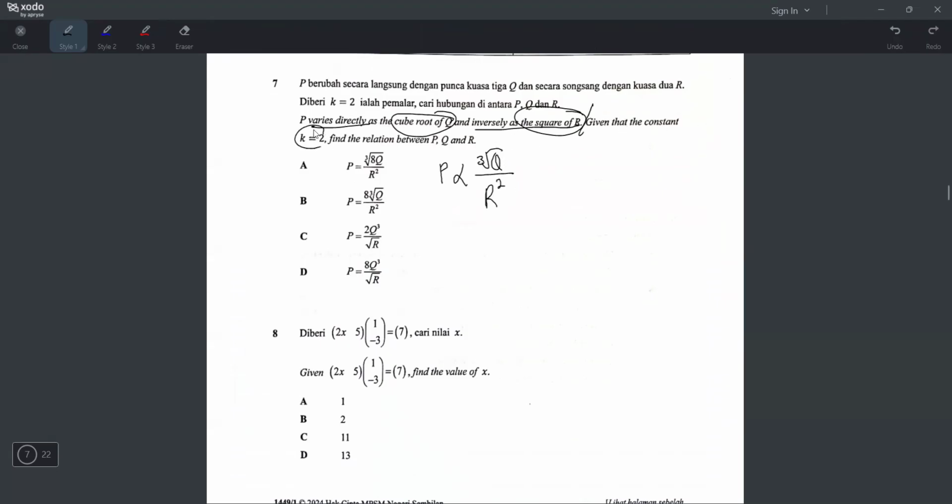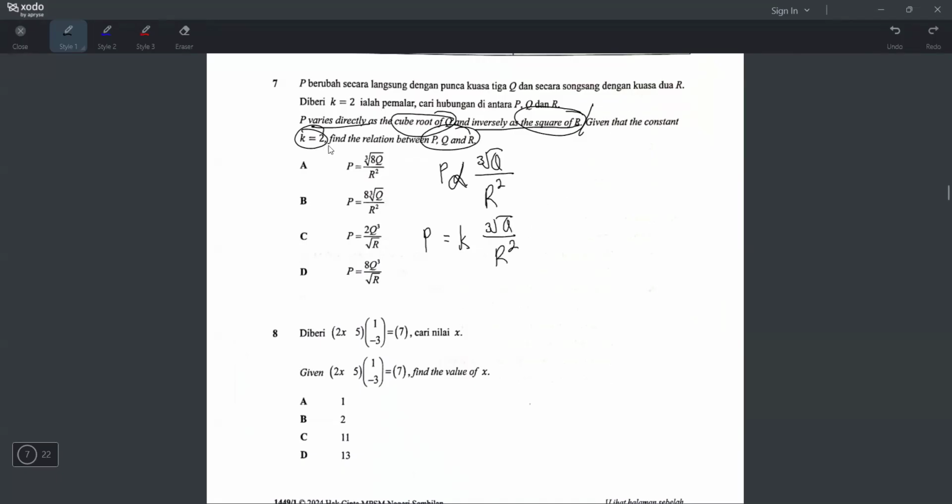Next. Given that the constant K is 2, find the relation between P, Q, R. Okay, constant K is 2. Later you will change this symbol. This is the symbol for relationship. You will change this symbol to equals, but you have to add a constant. The constant usually we use K, but you can use any alphabet you want. So it's K times cube root Q over R square.